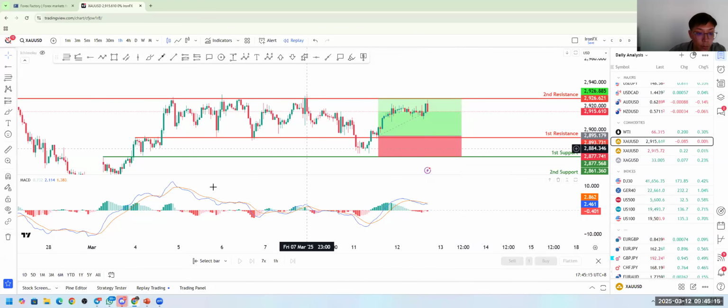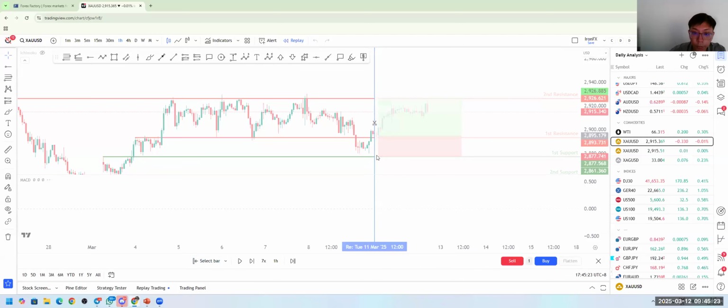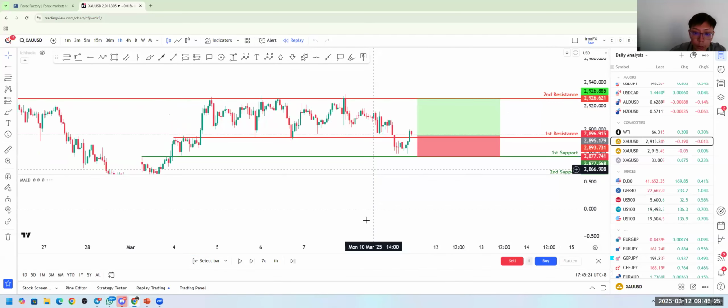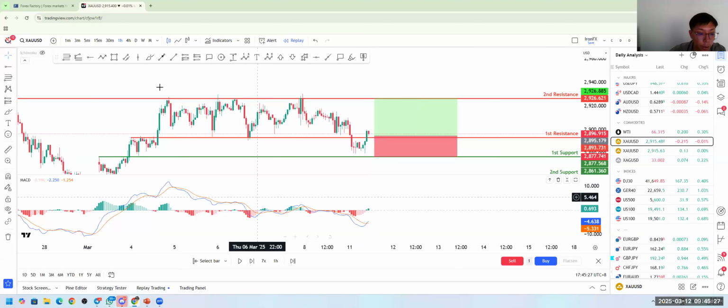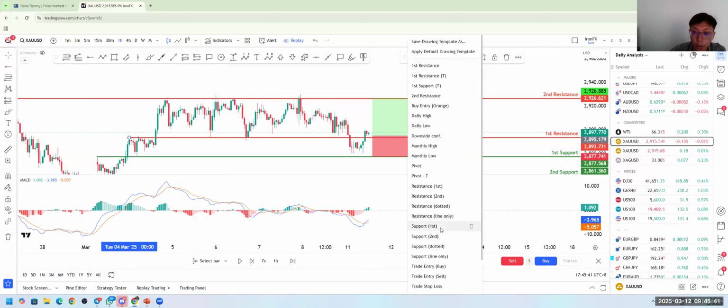Okay, so if I were to go back to here again, you focus on the MACD, right? You're on the H1 chart. You see the MACD crossover already, and you see green histogram forming. Then you want price to close above this first, which has now become a first support.